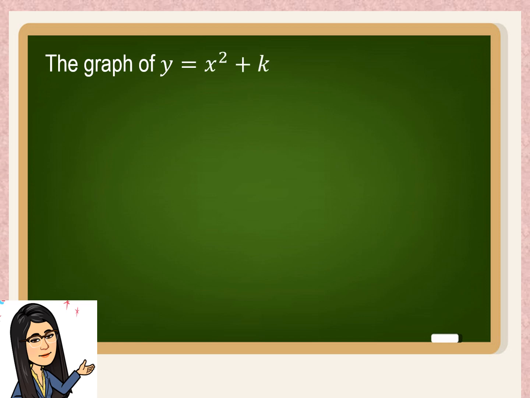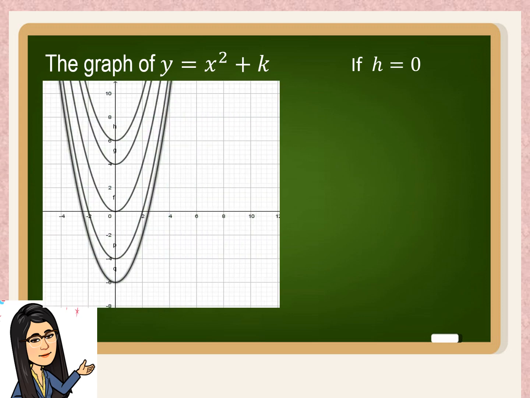Now let's take a look at the graph of y is equal to x squared plus k. So here, the value of h is equal to 0. These are the graphs. We have y is equal to x squared.